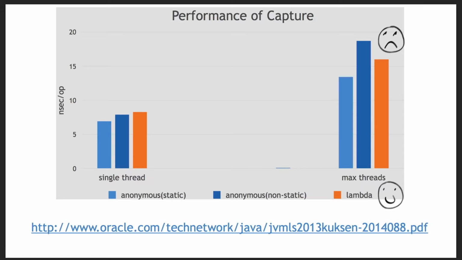I actually had to search through this document to find one example where the Lambda expression didn't perform quite as well as one of the anonymous inner types. For Lambda expressions in particular, Oracle worked really hard to make sure that they were no worse in performance than anonymous types, and they're often better. And as I said, the performance of these is getting better as well because of optimizations to the JVM itself.